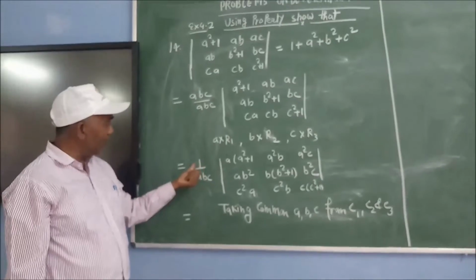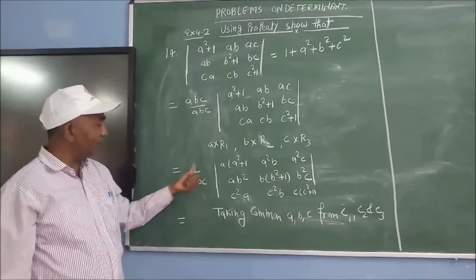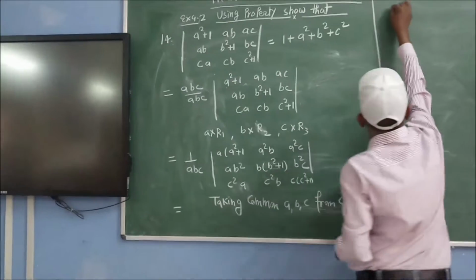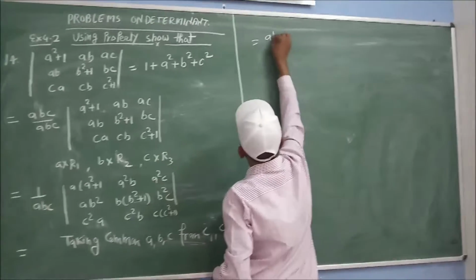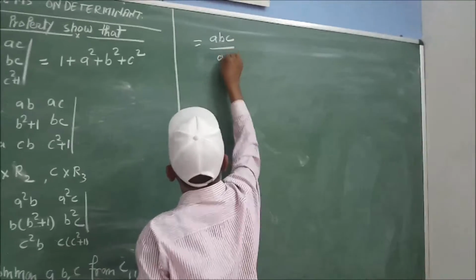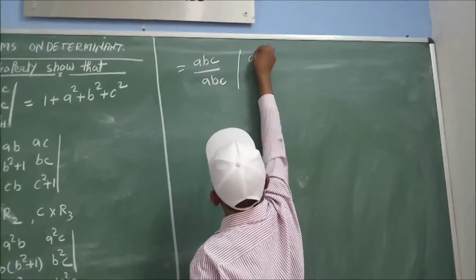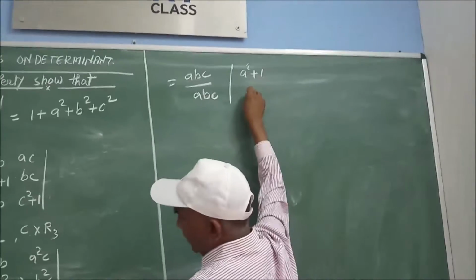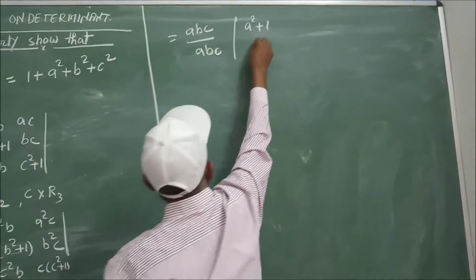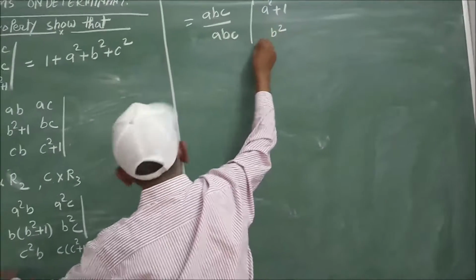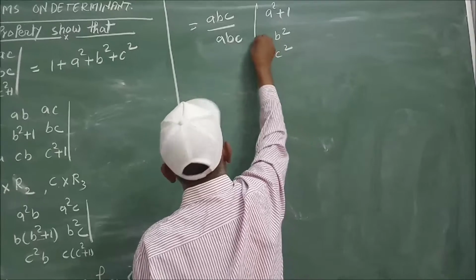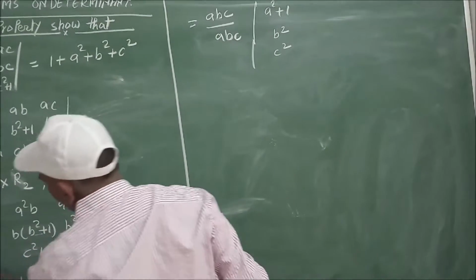So here we will get, in place of 1 we will get a, b, c. So this can be written as abc upon abc, and this will be equal to a square plus 1. We have taken a common from here, and here will be b square and here will be c square. Taken a as common, a all is common.